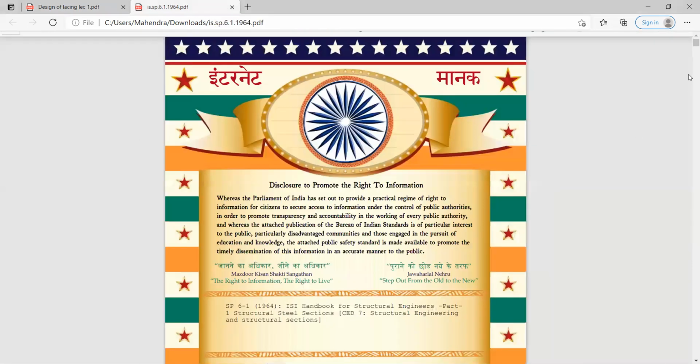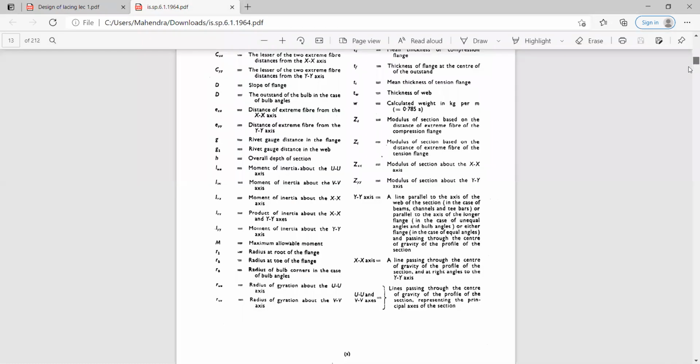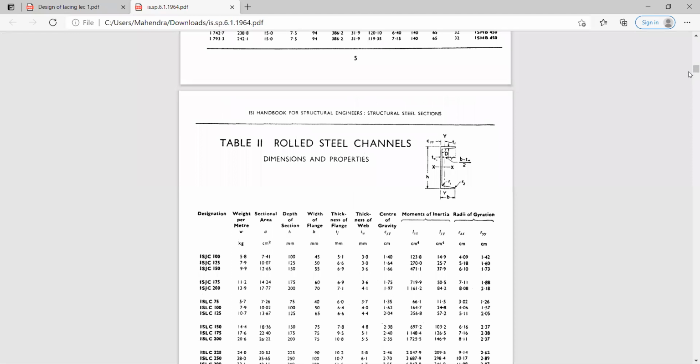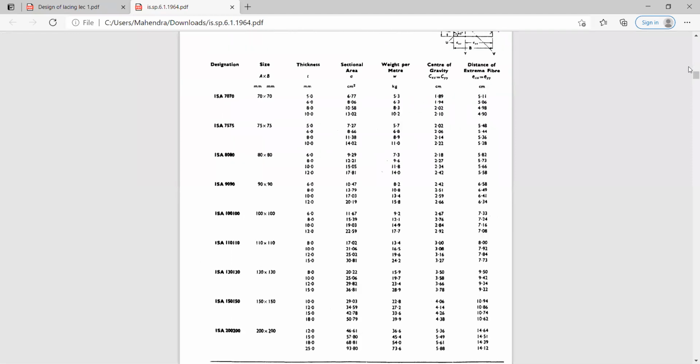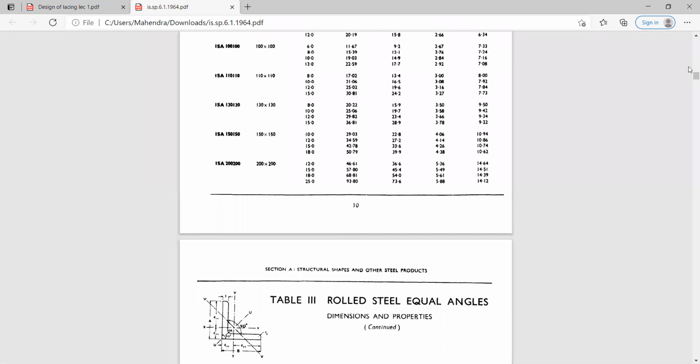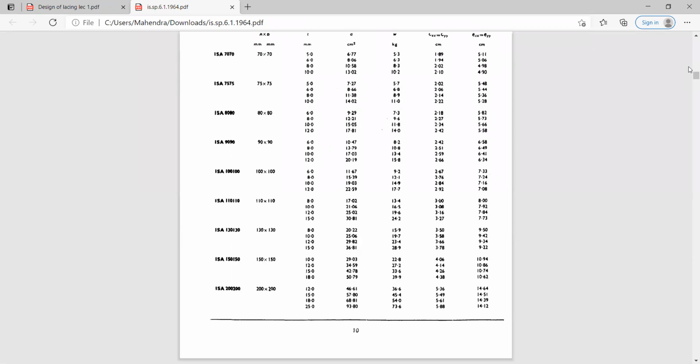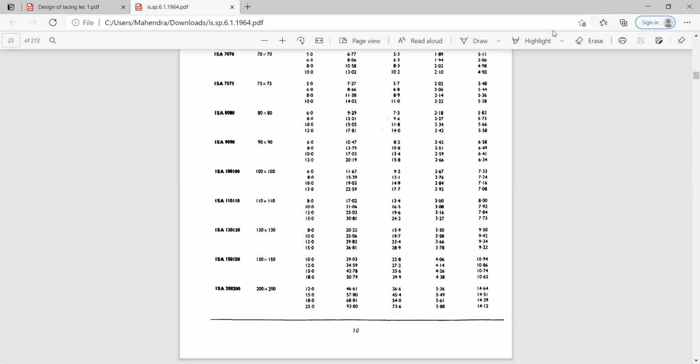It is on the page number 10 and 11 of your steel table. See here, the angle section 90 by 90 by 10.